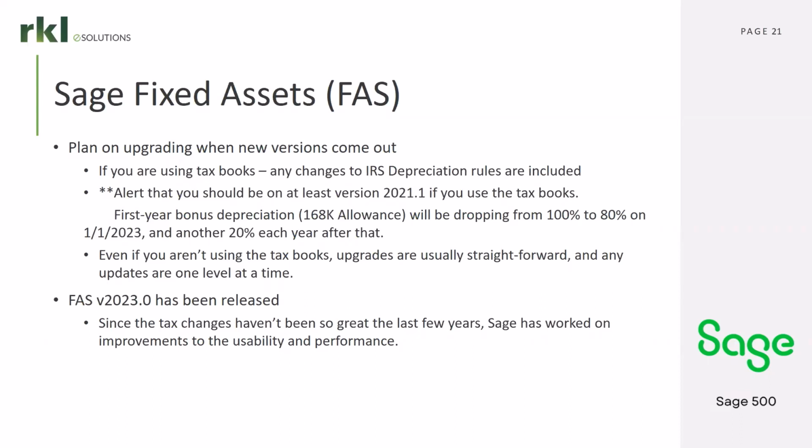And the other thing is, when we do an upgrade of Sage FAS, you don't just get to jump from 2018 to 2023. We have to take the 2018 version you're on and upgrade it to 2019, to 2020, to 2021. So, yeah, probably faster than doing it once a year, but still takes a while and becomes a lot more effort.